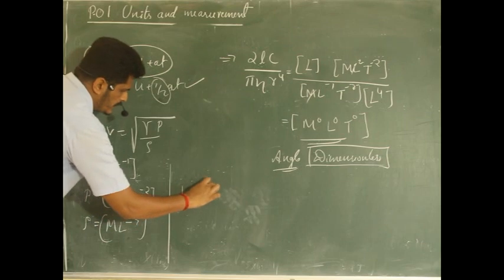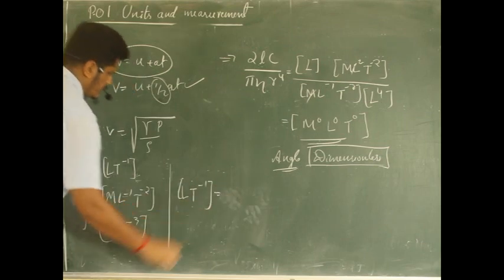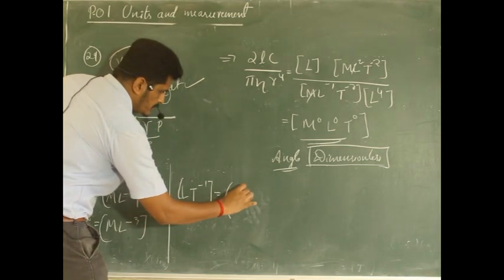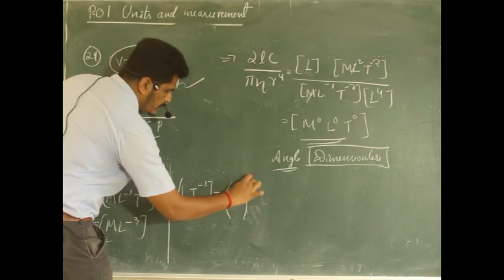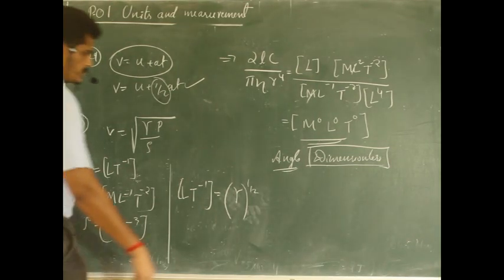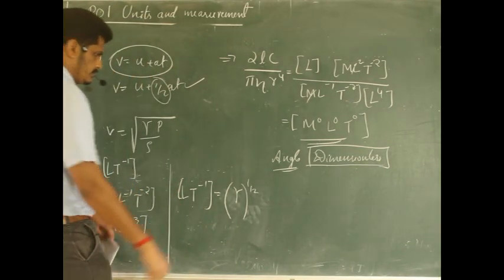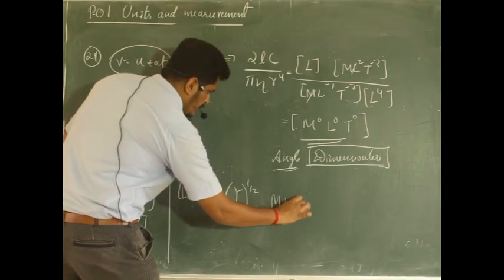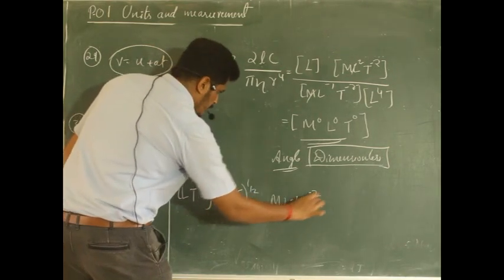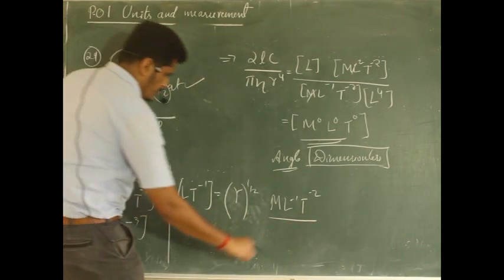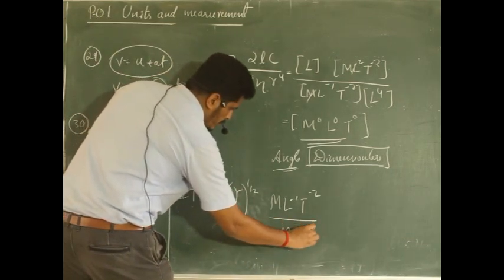Left hand side is LT minus 1, and on the right hand side there is a square root. I will write gamma to the power half, and the remaining part is pressure, M L minus 1 T minus 2, divided by rho, M L minus 3.